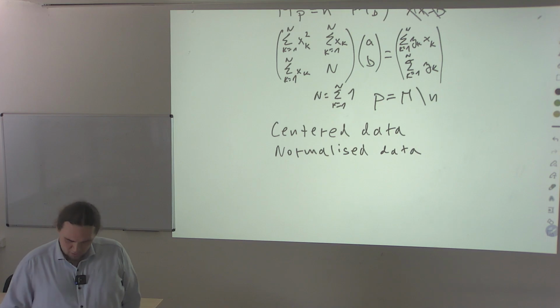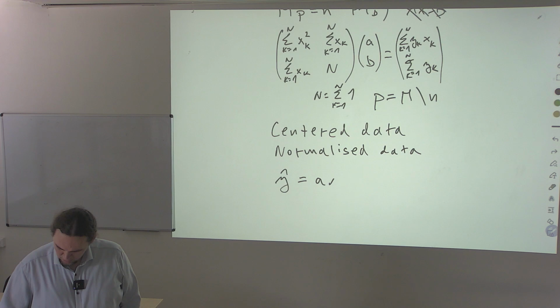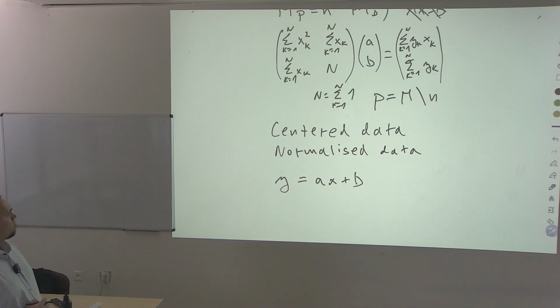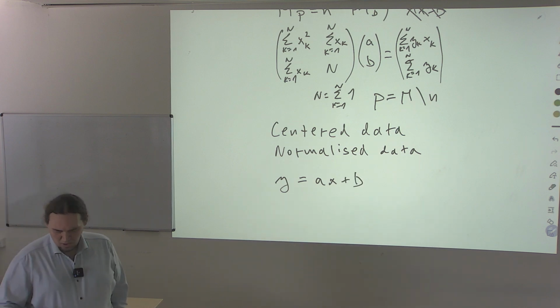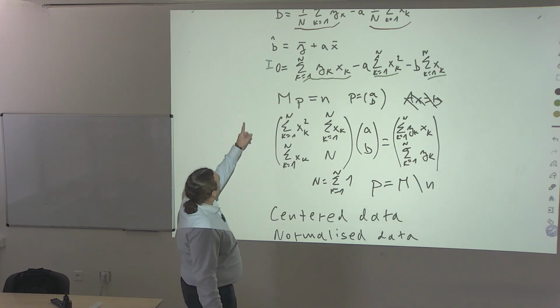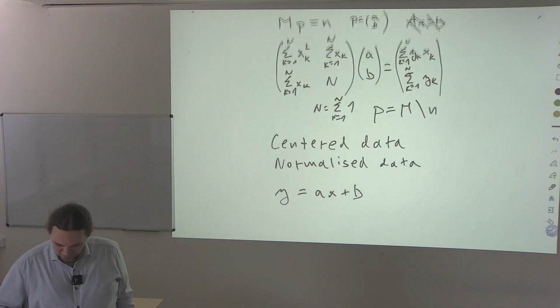So let's imagine our very same problem. Let's say our y hat is equal to, let's write it simple, let's write the y. Our y is equal to ax plus b. We already know our best estimate for the b, which involves these means.